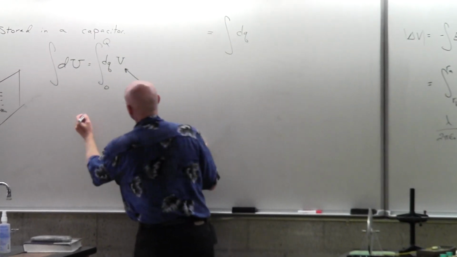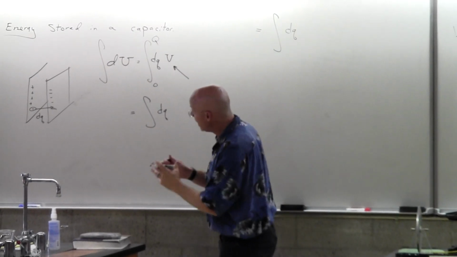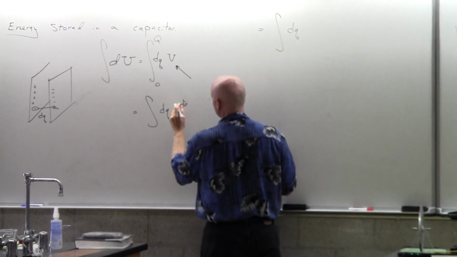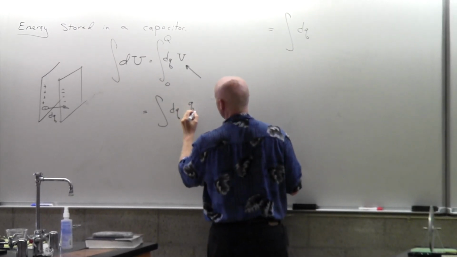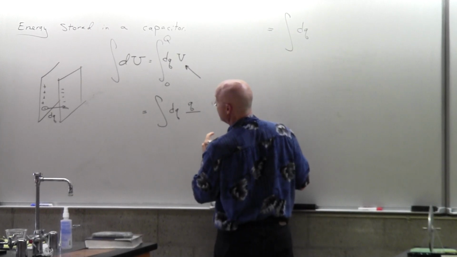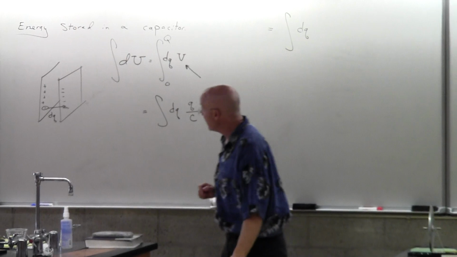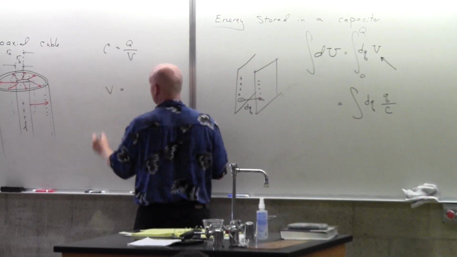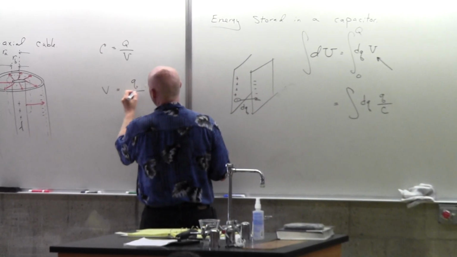So this integral could be changed to charge, and I'm going to put a Q over a C. Saying if you have a capacitor, there'll be a certain voltage. Its voltage will depend on how much charge you have.